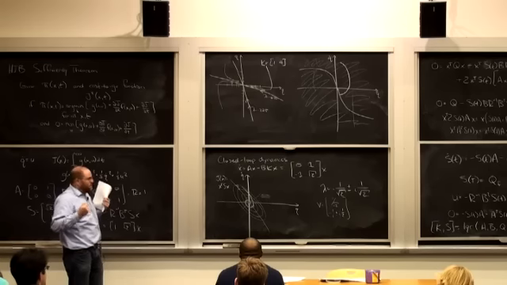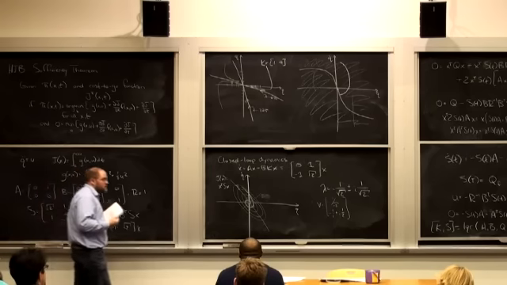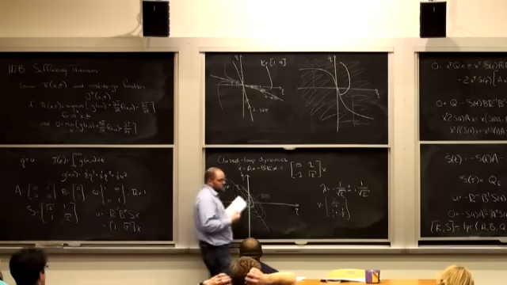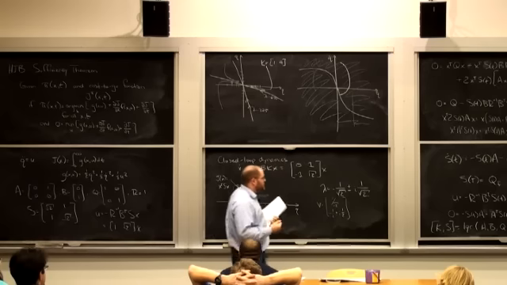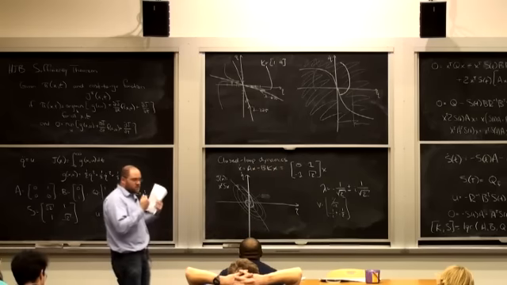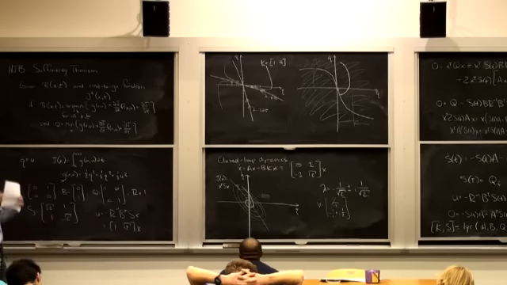So maybe that's not very compelling. Maybe we just did a lot of work to have a slightly different set of knobs to turn when I'm designing my feedback controller. But what you're going to see is that for much more complicated systems that are still linear, or linearizations about very complicated systems, LQR is going to give you an explicit way to design these linear feedback controllers in a way that's optimal.